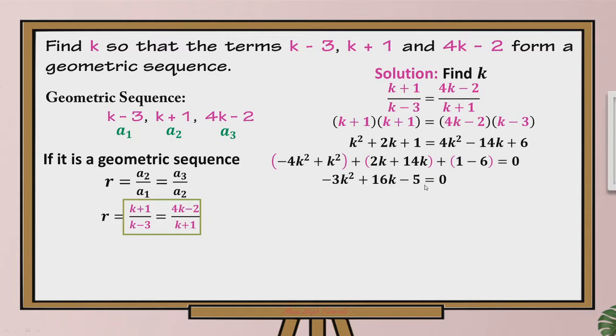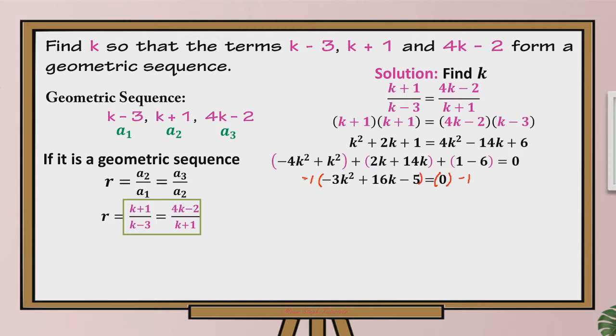Pero, since gusto nating isolve yung value ng k, kasi yun yung nasa problem, mas mainam kung gagawin nating positive ang coefficient ng ating quadratic term. So, para gawin yon, we will just multiply negative 1 on both sides of our equation.